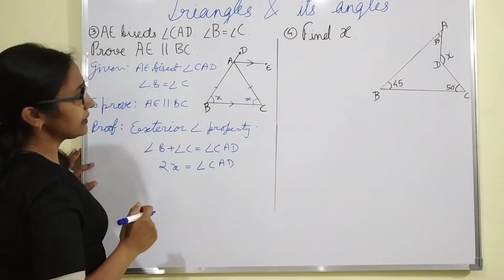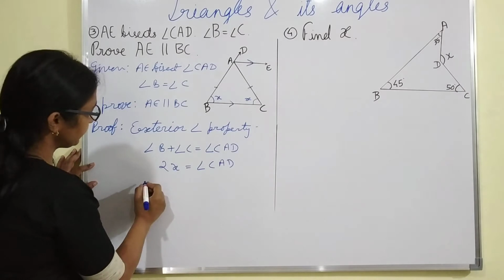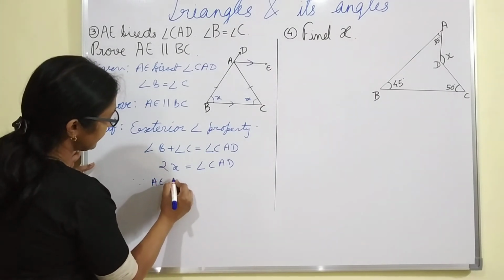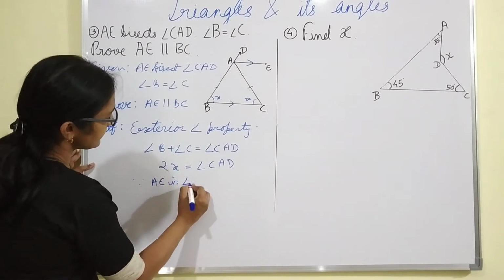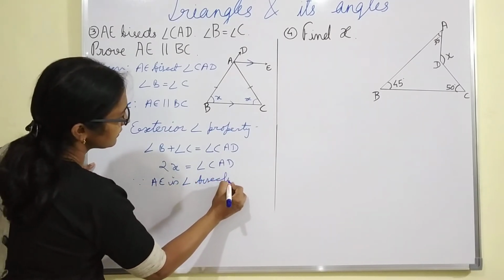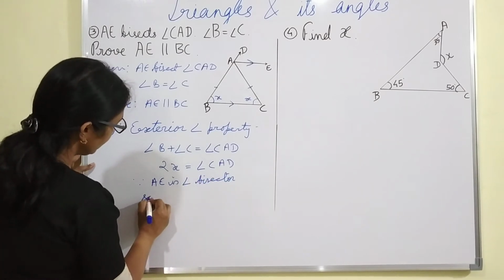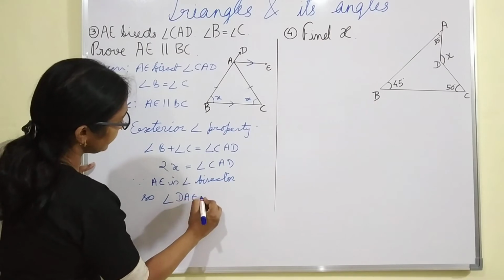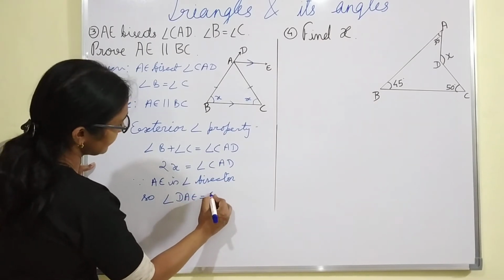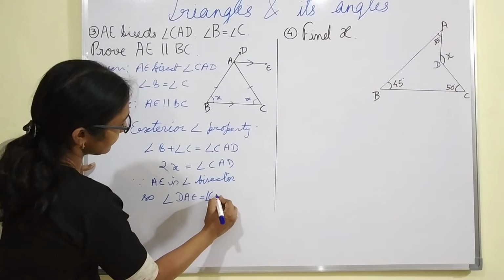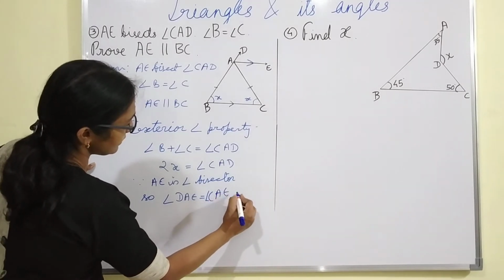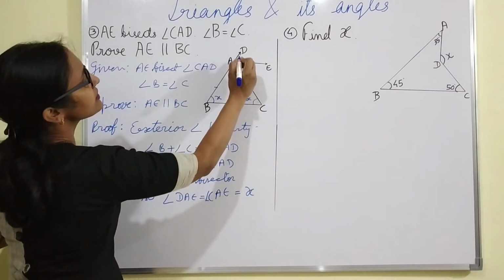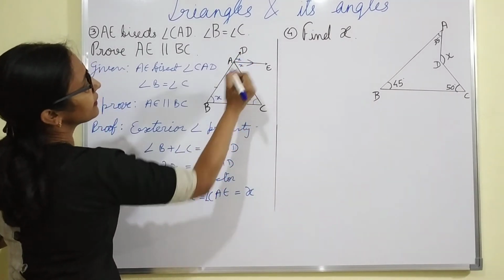Since AE is the angle bisector, angle DAE equals angle CAE, equals x. These two angles will be x and x.